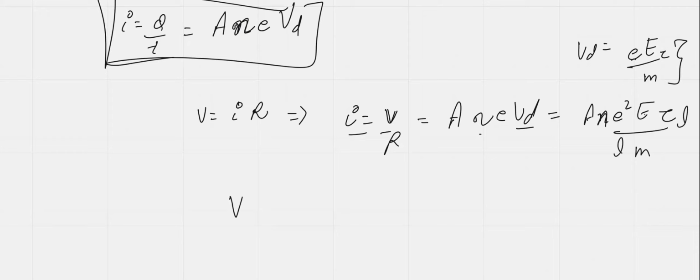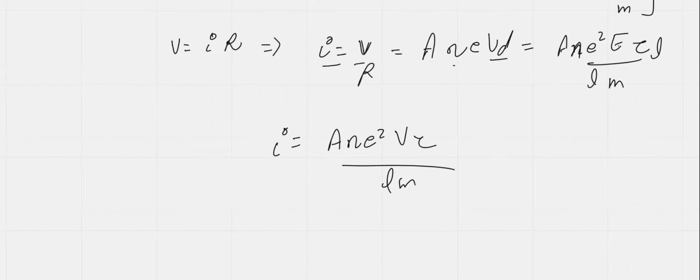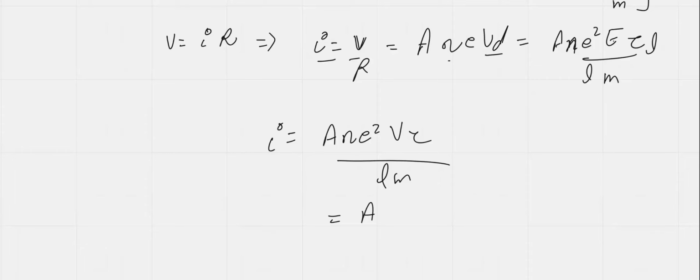That is voltage. So I is equal to A n e square, electric field, tau by m, and this E into L gives you the voltage. So the electric field has been removed, and it results in the voltage times tau divided by L. If I keep this voltage outside, I get n e square tau A divided by m L.